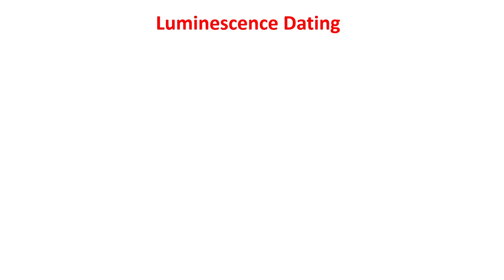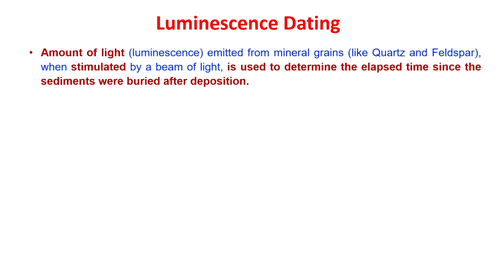So luminescence dating, basically, is that the amount of light, that is your luminescence, emitted from mineral grains like quartz and feldspar when stimulated by a beam of light is used to determine the elapsed time since the sediments were buried after deposition.